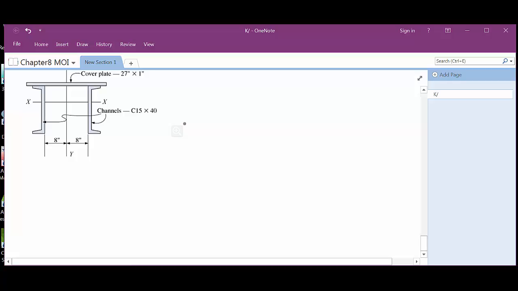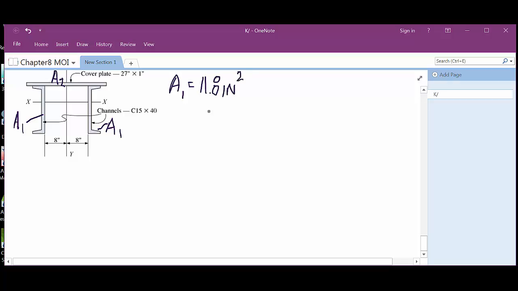So if we called this, let's call this area 1, and of course area 3 would be the same, right? So they could both be A1s, or you could call it A1, A3, and this would be A2 right here. So it tells you that area 1 is equal to 11.8 square inches, right?